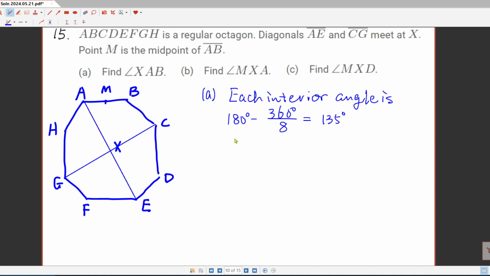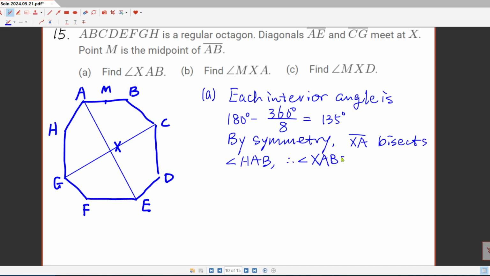And by symmetry, we know that XA bisects angle HAB. Therefore, we know angle XAB is 1/2 of angle HAB, and that gives us 67.5 degrees. That answers the first question.